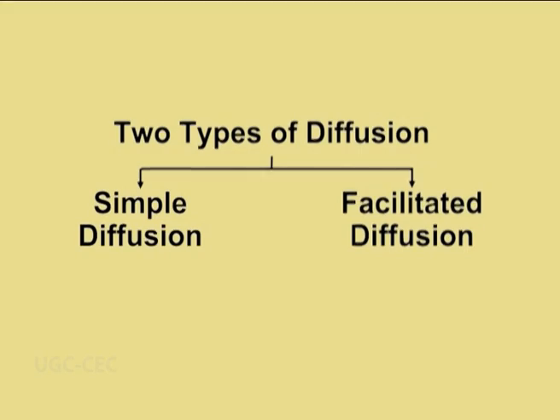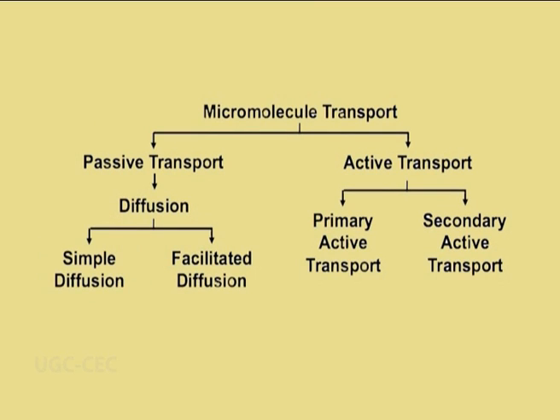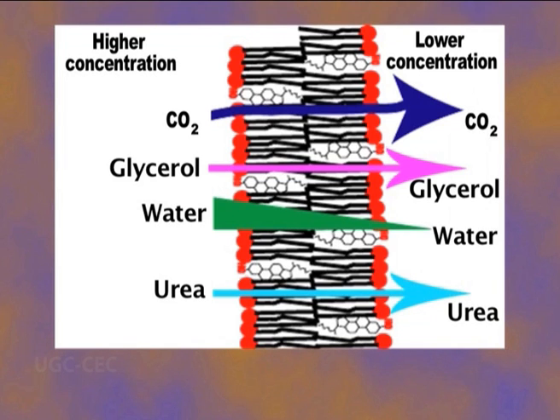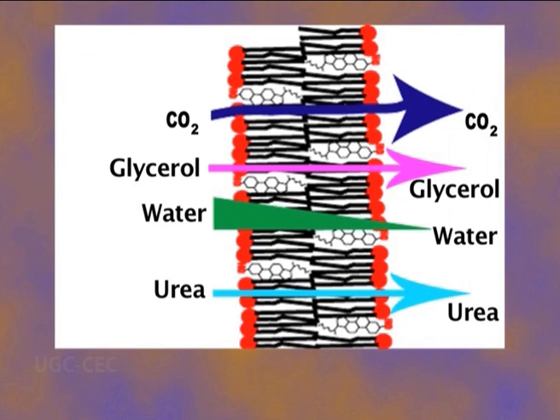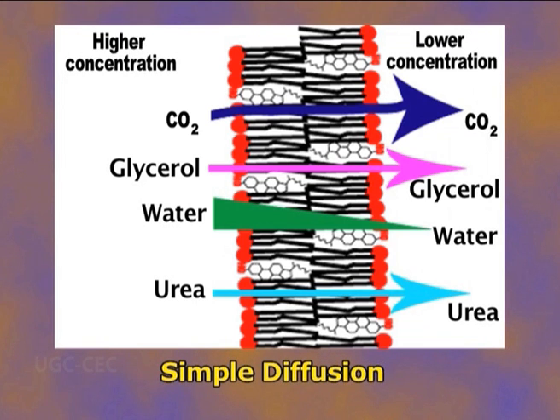There are mainly two types of diffusion, A, simple diffusion, and B, facilitated diffusion. A, simple diffusion. Movement of hydrophobic molecules and some small uncharged polar molecules like urea, water, glycerol and carbon dioxide, that is CO2, across the plasma membrane depends upon their concentration gradient and is known as simple diffusion.